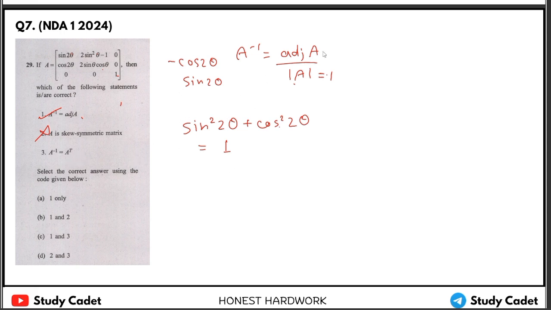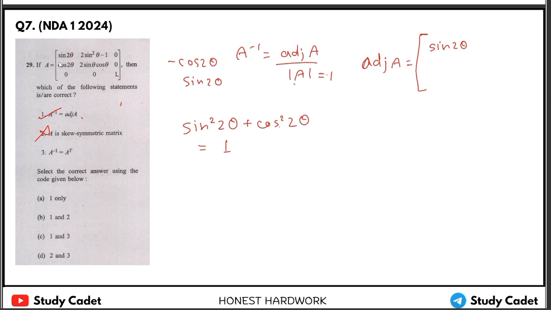A inverse, so we need to have our adjoint of A. A inverse equals A transpose?